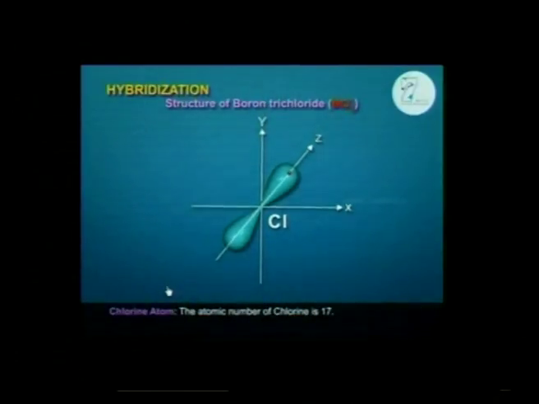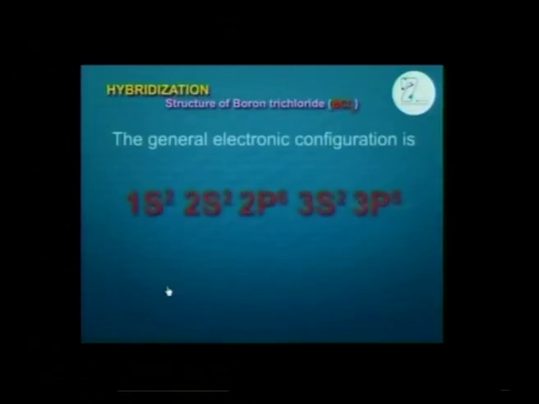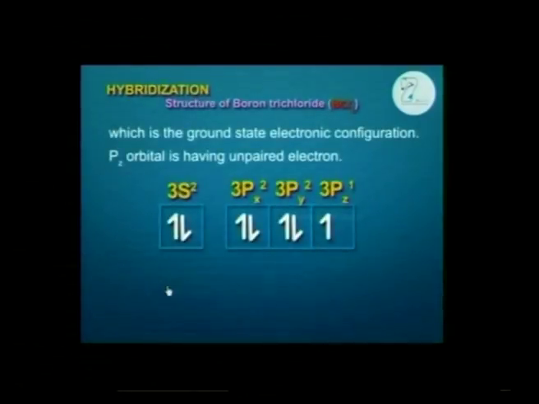Now we are going to look at the electronic configuration of chlorine. The atomic number of chlorine is 17. The electronic configuration is 1s2, 2s2, 2p6, 3s2 and 3p5. In the ground state, the pz orbital has an unpaired electron.